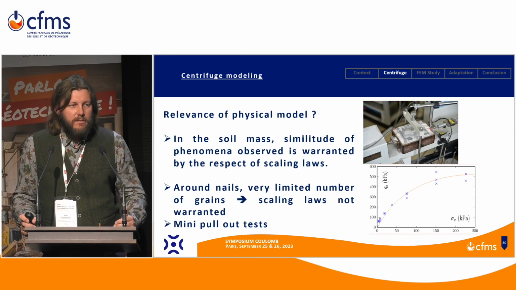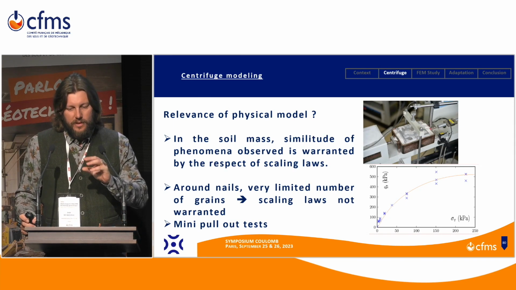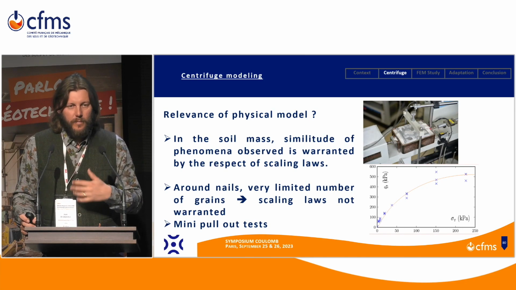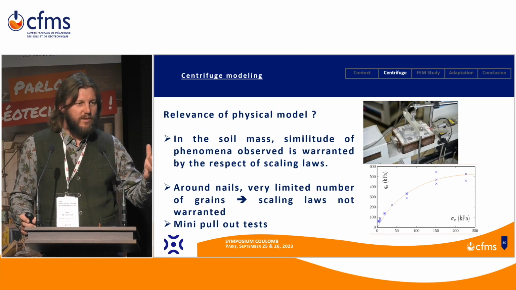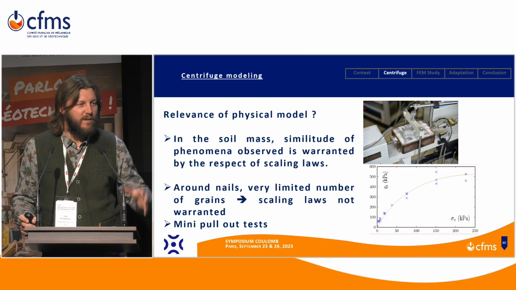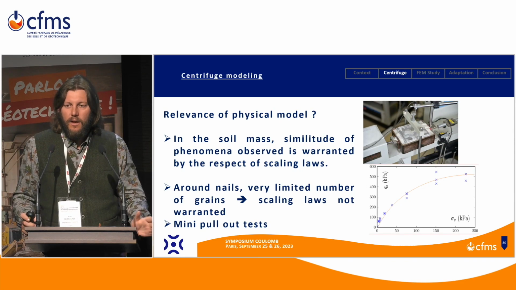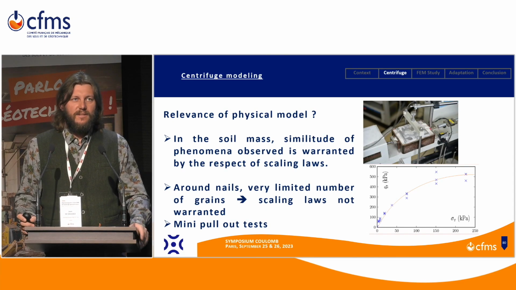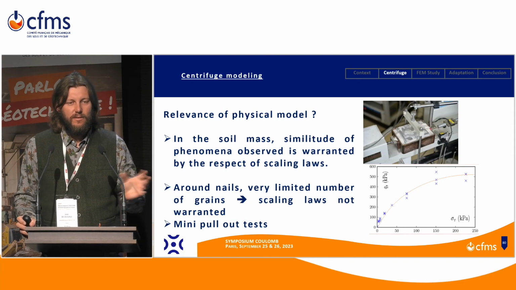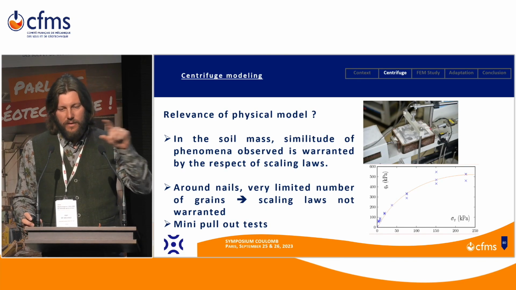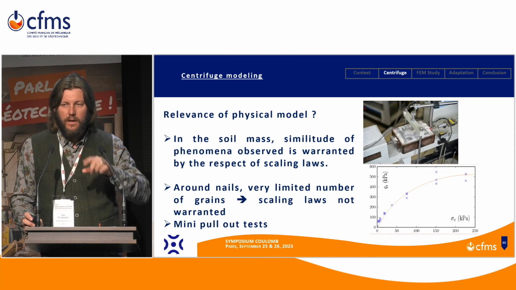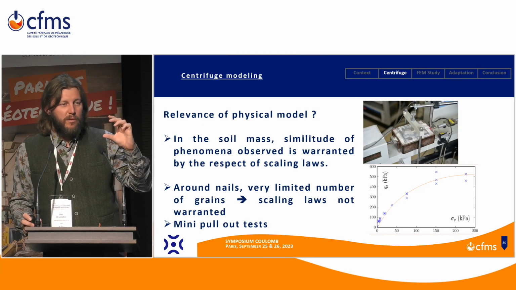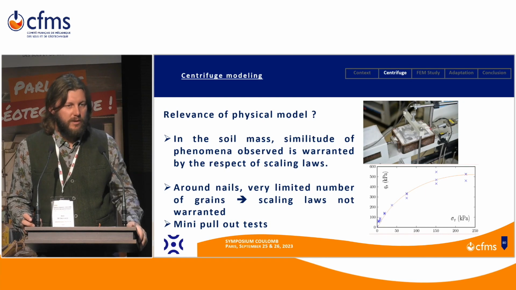But for the nails, and especially for the interface between soil and nails, the centrifuge modelers have a catalog of scaling laws, and it states that if you want to be certain you have a scaling similitude, you need to at least have 80 grains of sand around the perimeter of your pile or nail or inclusion, let's say.